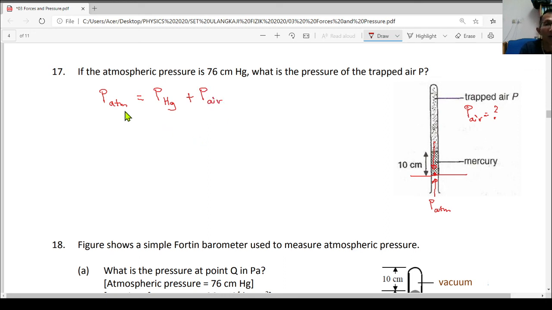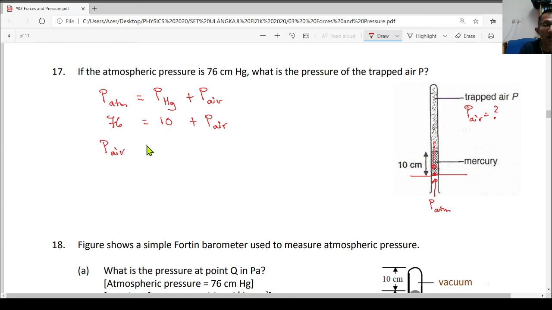So P atmosphere is given as 76 centimeter mercury, and then mercury here I have 10 centimeter. So what is the pressure of the trapped air? Now it's simpler, right?